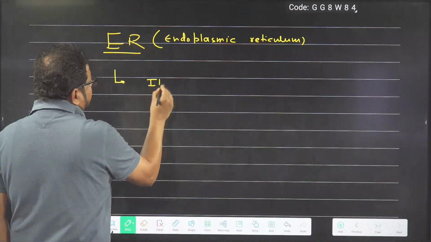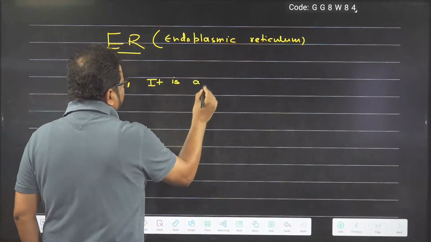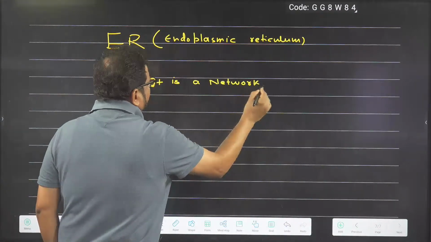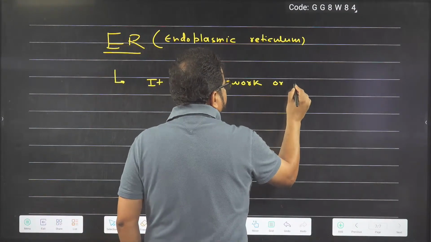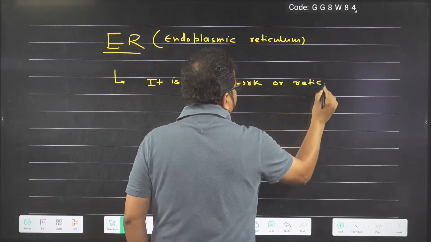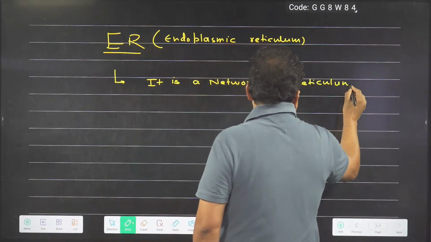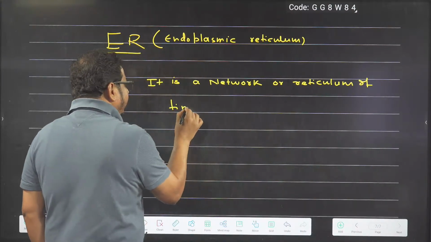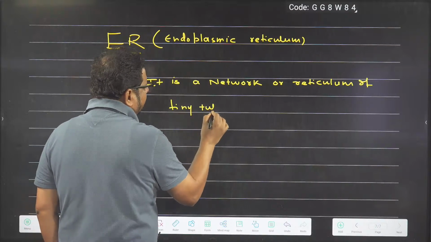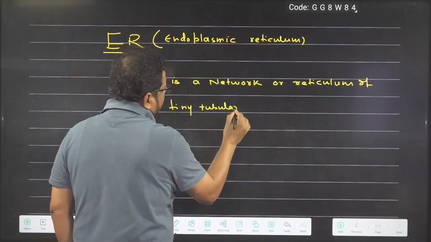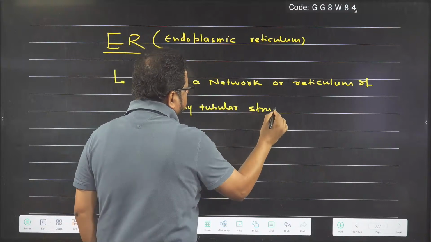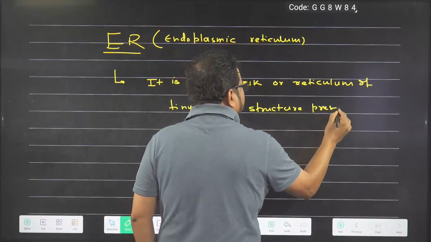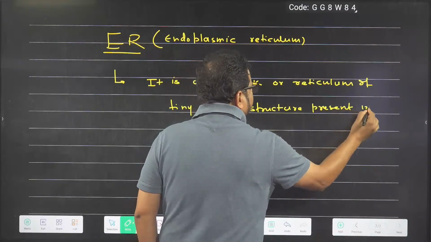It is a network, or reticulum, of tiny tubular structures present inside of the cell.